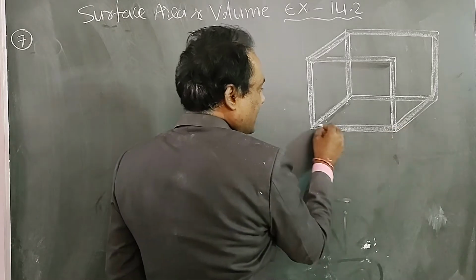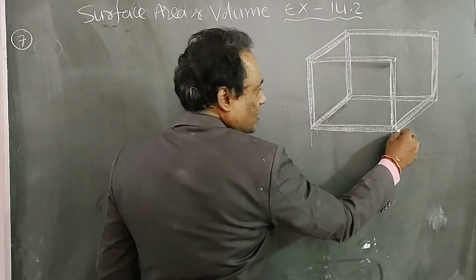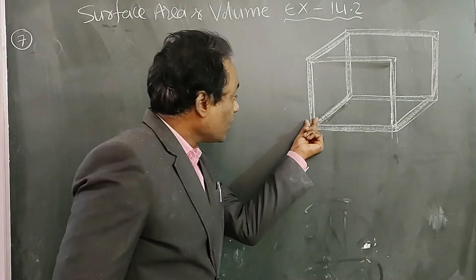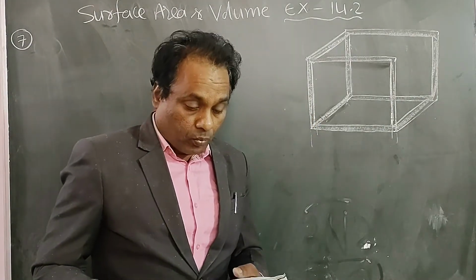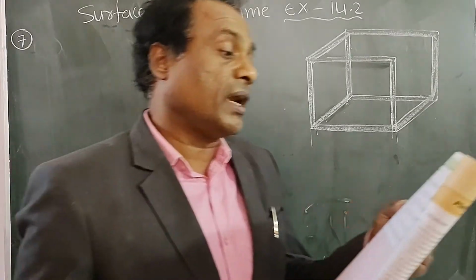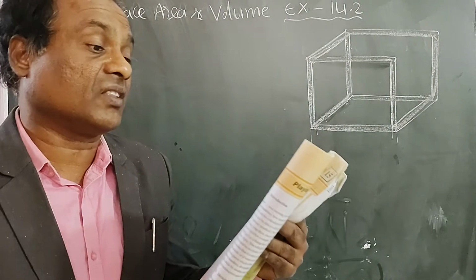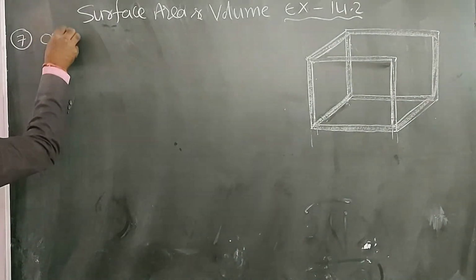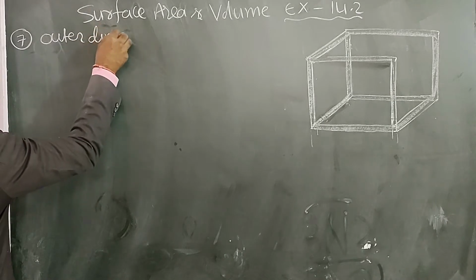Up to here it is inner, this is outer. There is a thickness of this sheet given. See here, students. A closed box is made of wood which is 1 centimeter thick. The outer dimensions of the box.